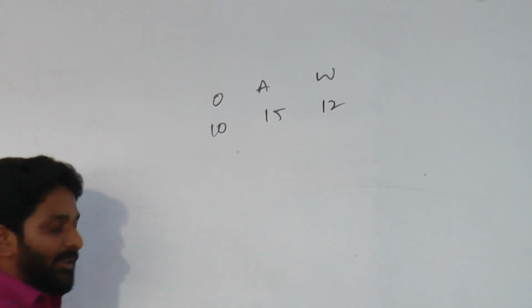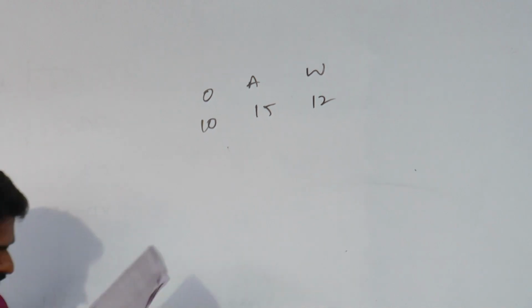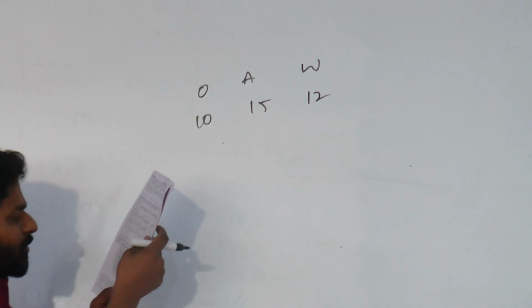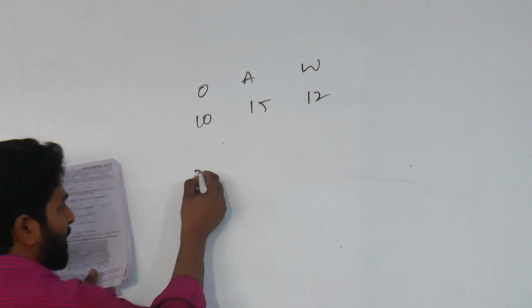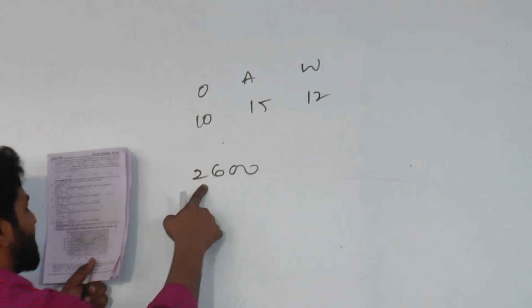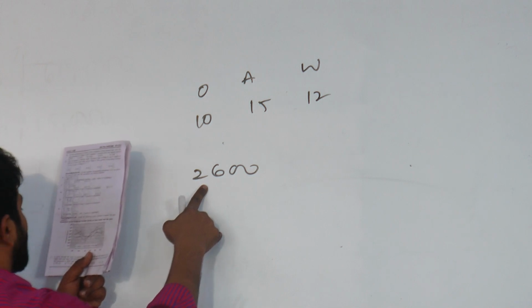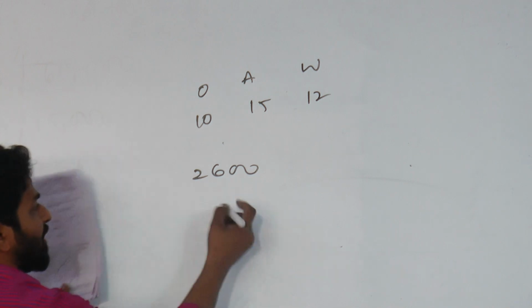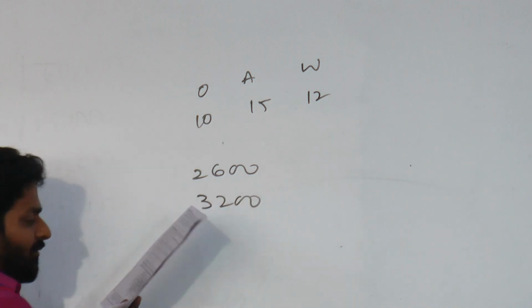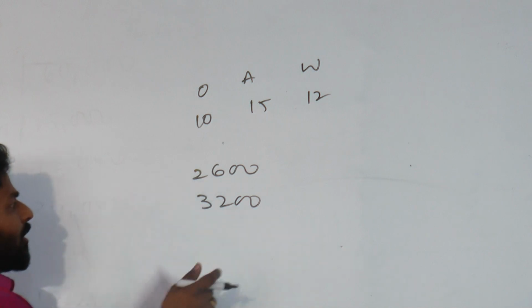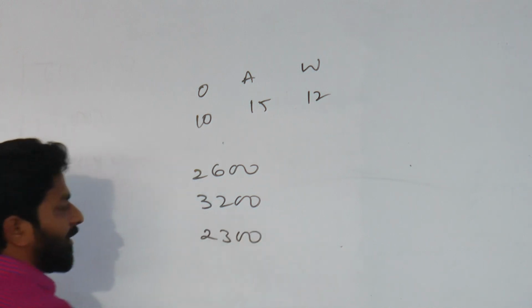From 2009, in 2009 Odisha occupies how much? 2600. First let me take numbers. 2600 Odisha, AP, where is this fellow? 3200 West Bengal, 2300.